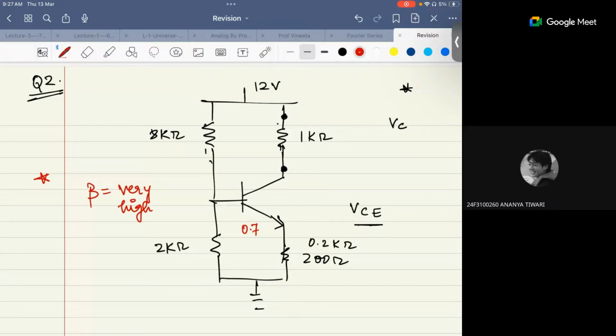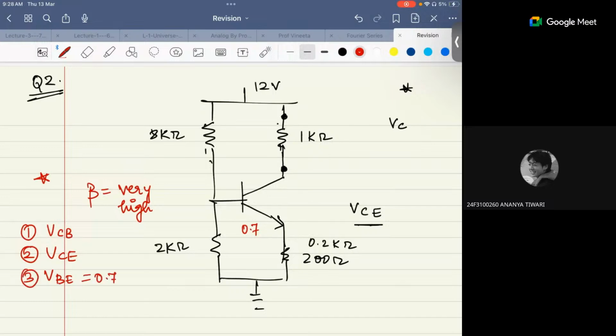Okay, so what will be the first? Tell me. Just think of it as a comprehension type of question. First, tell me the value of VCB. Then you have to calculate the value of VCE. Already you know VBE, 0.7.